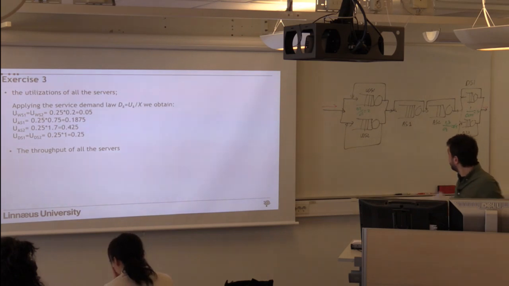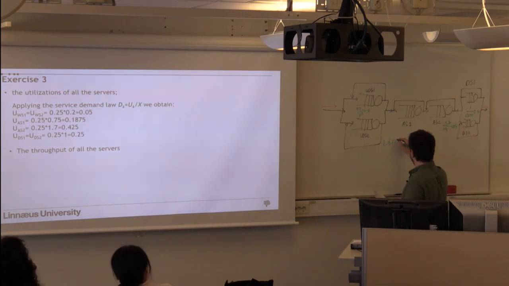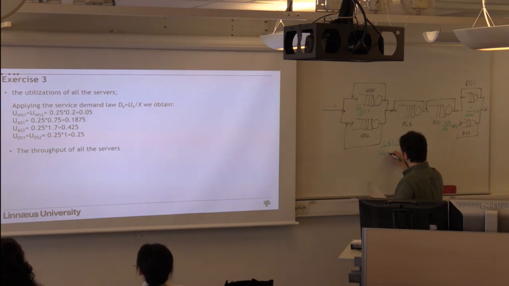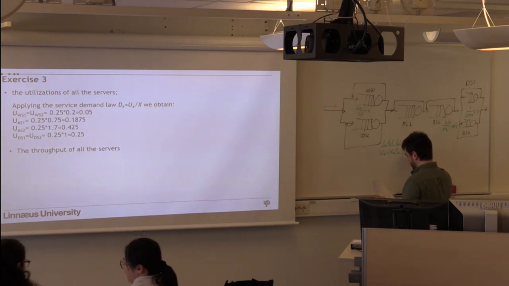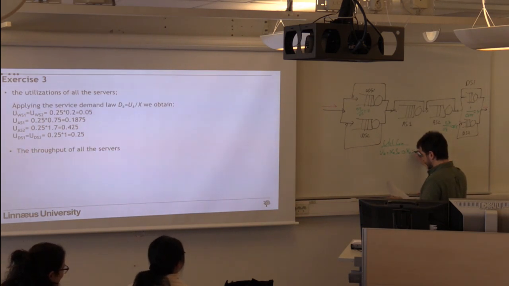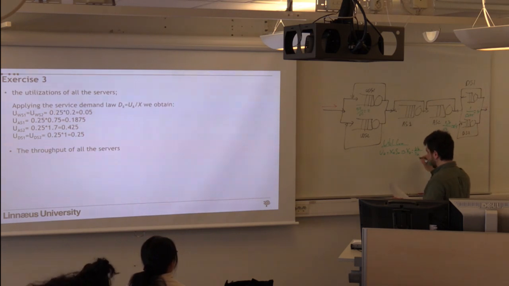If we use the utilization law, we are going to get that the utilization of each resource is equal to the throughput of that resource times the service time. So it means that we want to compute the throughput of each resource as the utilization of the resource divided by the service time.